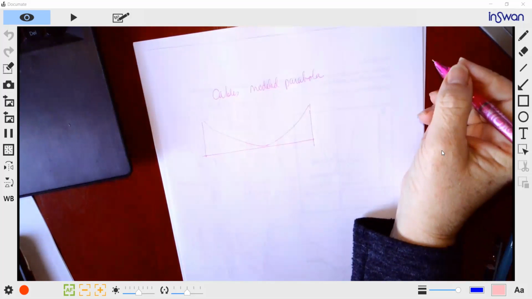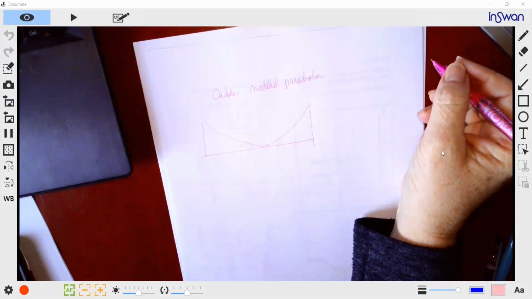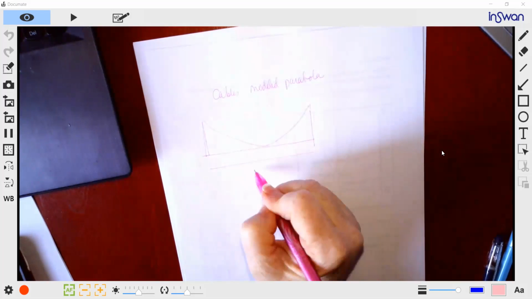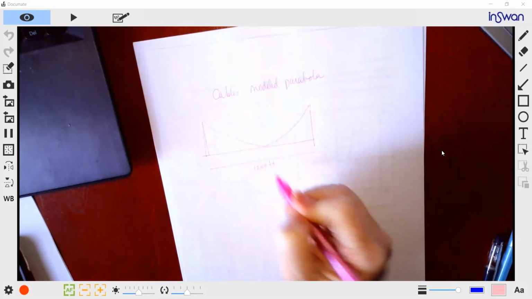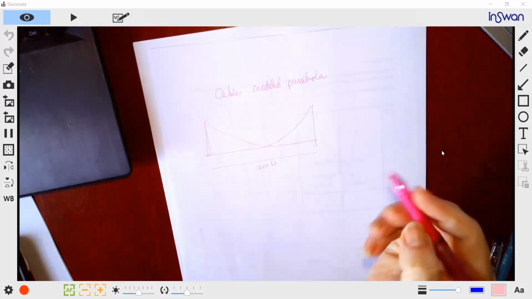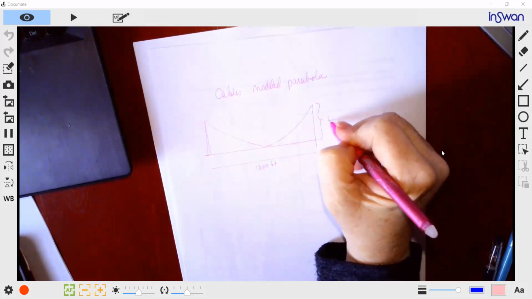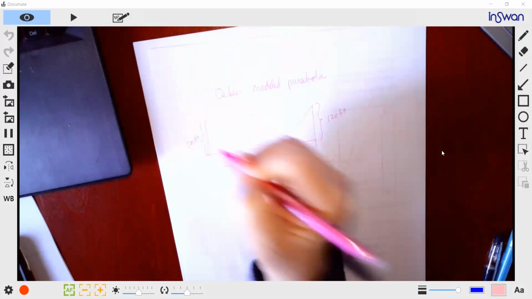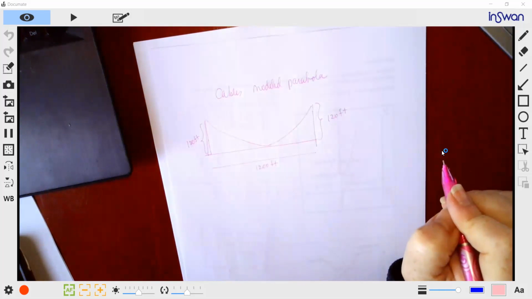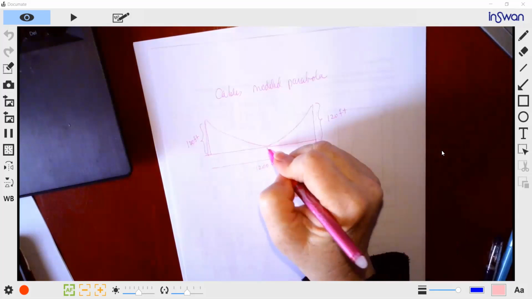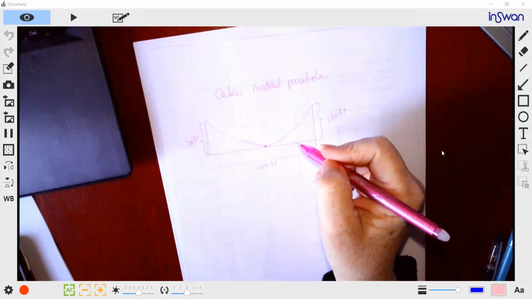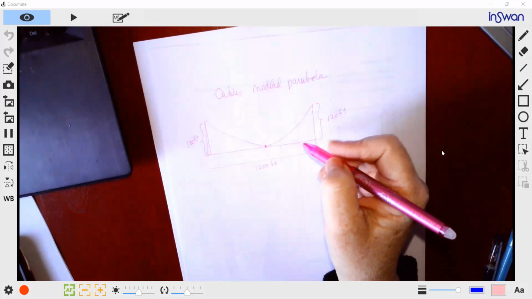The towers supporting the cable are 1,200 feet apart and 120 feet high. So this would be 120 feet, and so would this one. The cables touch the road surface midway through, so our vertex is just at road surface. What's the height of the cable at a point 300 feet from the center of the bridge?